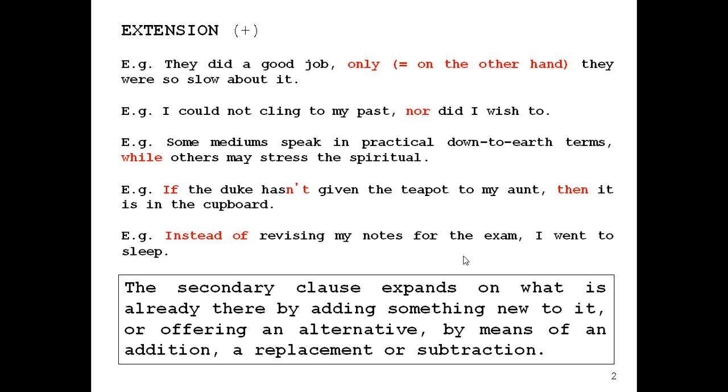Okay, for example, you could look at the if clause up there as an example of replacement. If it's not with my aunt, then it's in the cupboard. There are two alternatives here. It's not a real condition, like if I do that, you'll do that, okay? It's something that introduces an alternative.